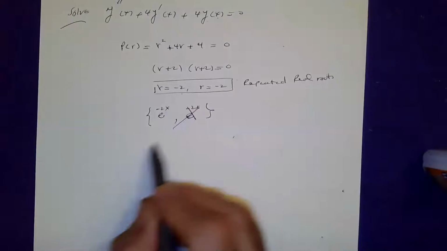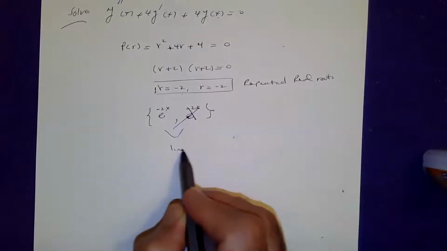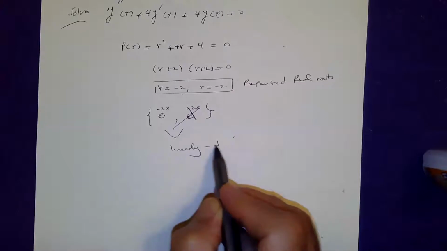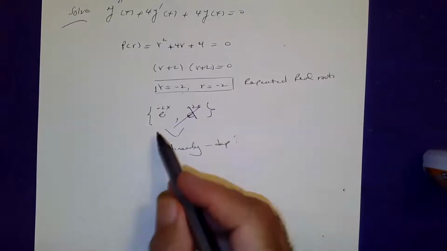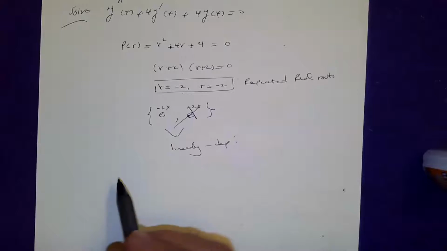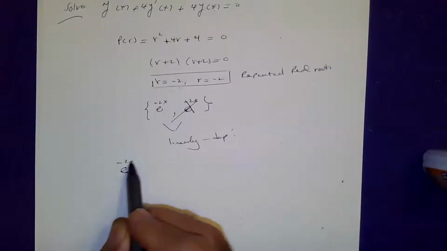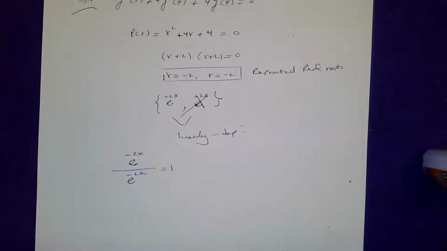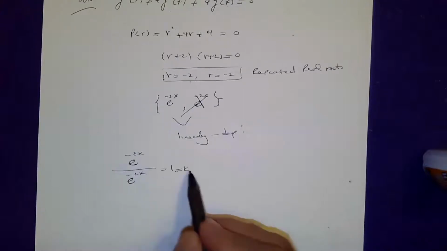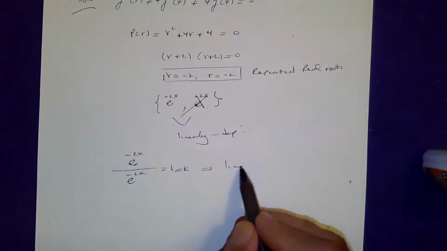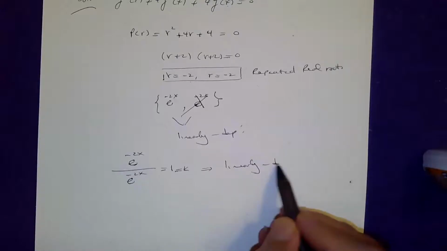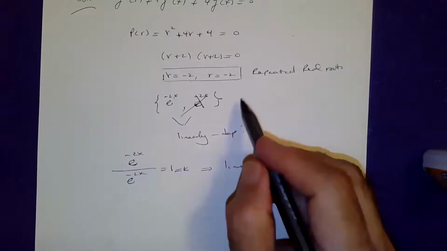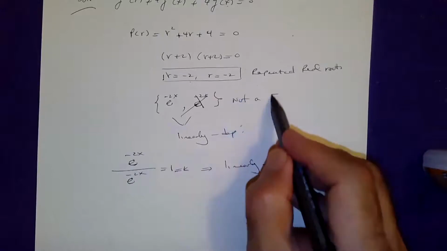Because these are linearly dependent. They are combinable. How do you know that? Because I have two functions, I don't need to use the Wronskian. I just do the ratio. And guess what? It's 1. It's constant. So they are linearly dependent. So I cannot claim this is a fundamental solution.